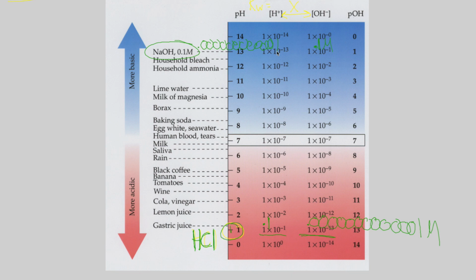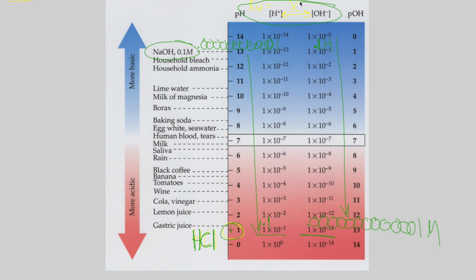As the concentration of hydrogen ion gets bigger, the concentration of hydroxide ion gets smaller. Our strong acids have a bunch of hydrogen ion and not much hydroxide ion. In our bases, we don't have much hydrogen ion, but we've got a lot of hydroxide ion. But these always trend relative to the idea that their product multiplied together is always 1 times 10 to the -14th. Is that okay?